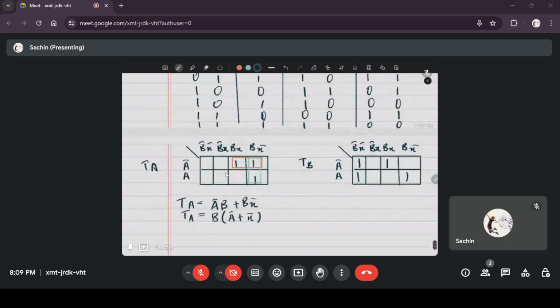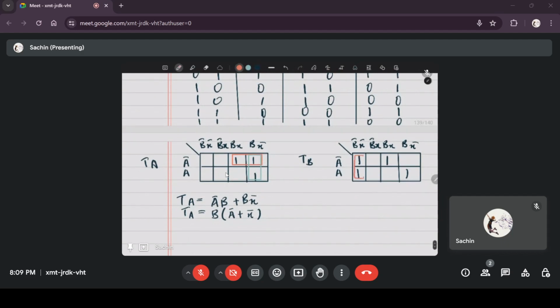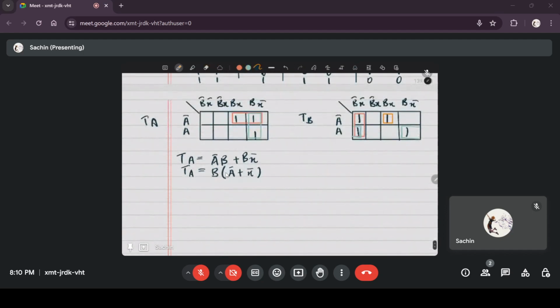So you have one pair here, the second pair, and the third one is left as is. You can't group it together with anything else, so you get an expression with three terms. The pink pair will give you B prime X prime or B bar X bar. The blue pair will give you A X bar, and the orange unit will give you A bar B X.